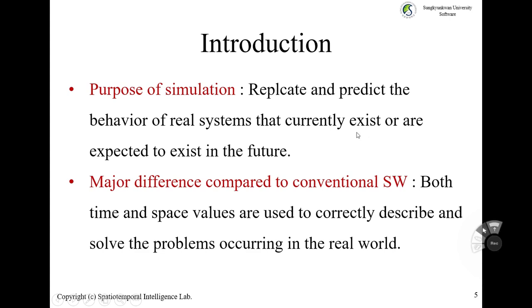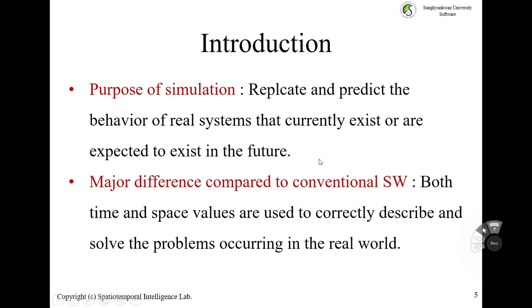That means there is this system existing in the real world at the moment. Okay? Currently exist. Or this can be the target system that we want to solve the problems for, can be some future system, something that is expected to exist in the future.